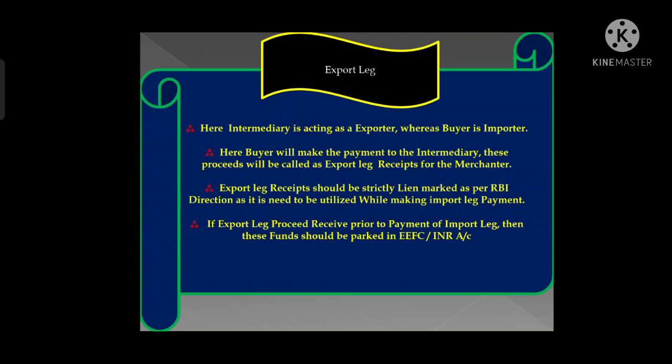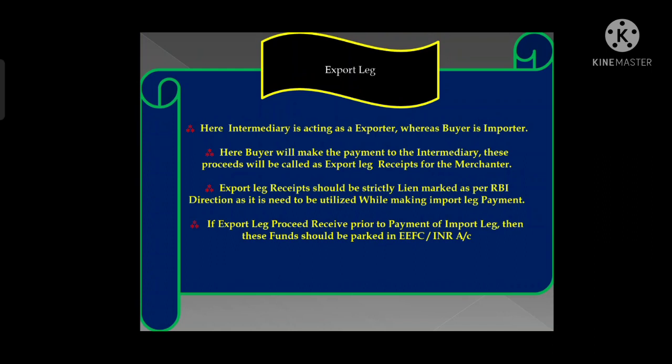Also, one point to be noted: as per the Reserve Bank of India guidelines, if the export leg receipt is received in advance before making the import leg payment, then the whole amount of the export leg should be lien marked or earmarked for the full amount, because that amount needs to be unlien at the time of the import leg payment.